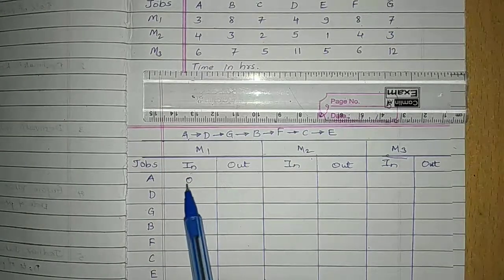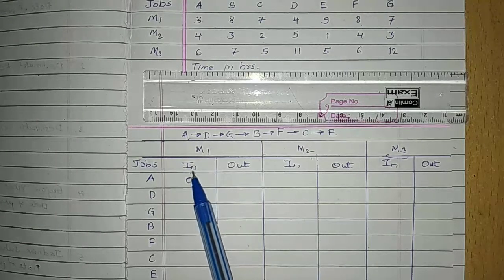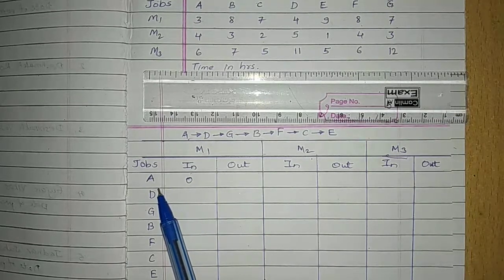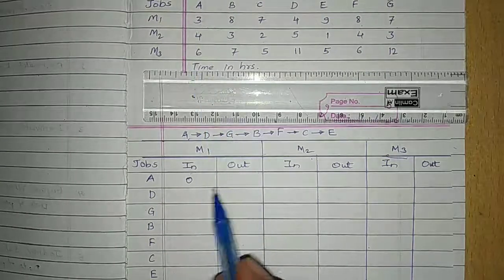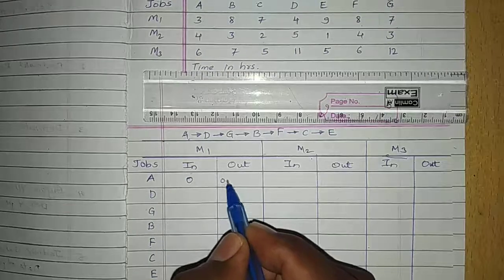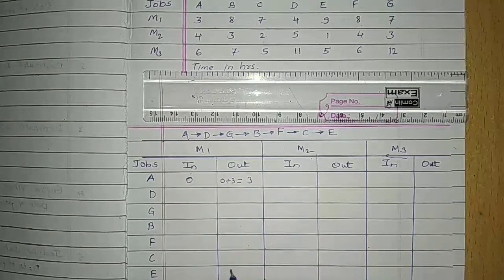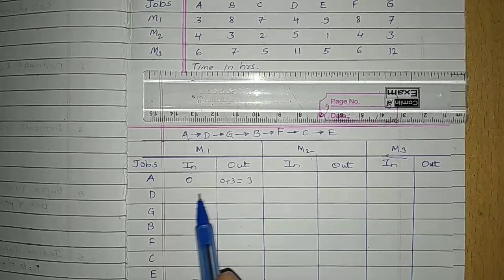Now let us do calculations for machine M1 first, for each of the jobs' in times and out times. For job A, the processing time on machine M1 is 3. So 0 plus 3, out time will be 3 hours for the first job. So similarly let us do the calculations.